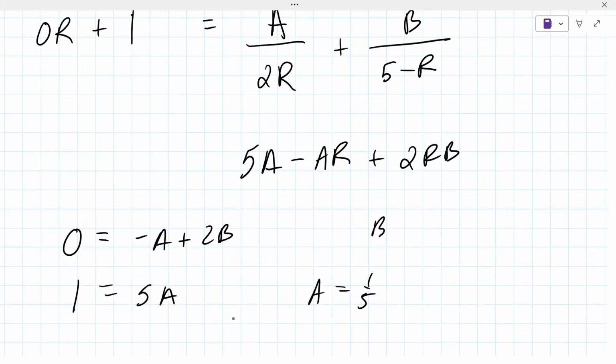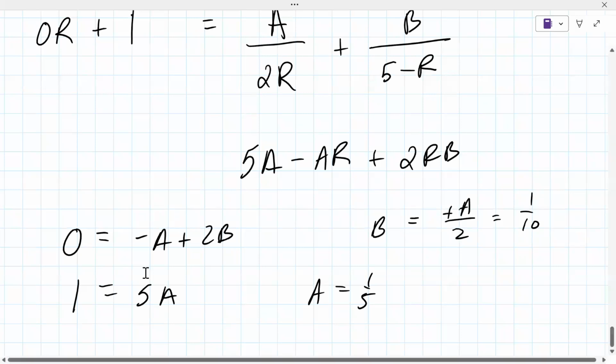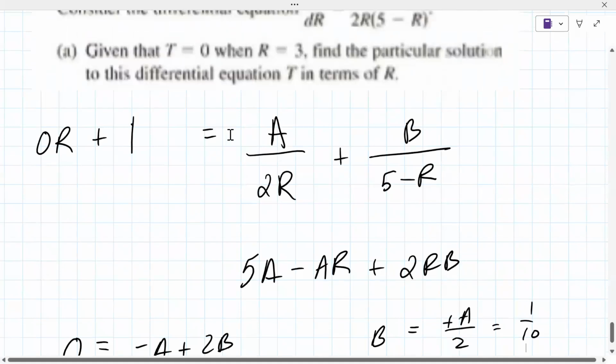So a is 1/5. b is equal to a over 2, which ends up being 1/10. Right. And so after you get this, you can then integrate the original function.